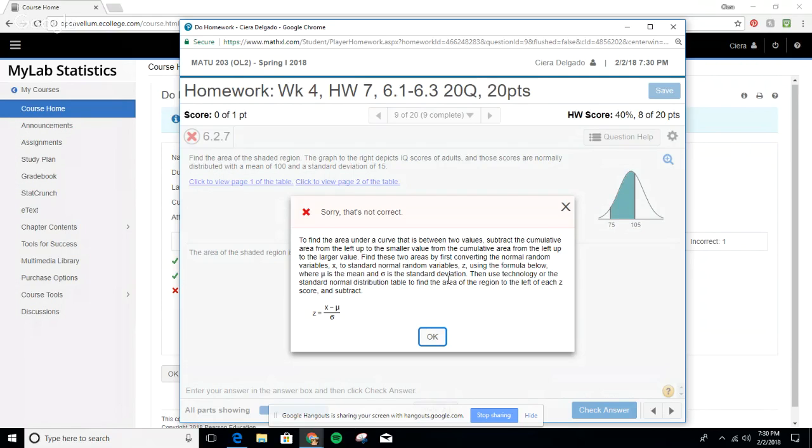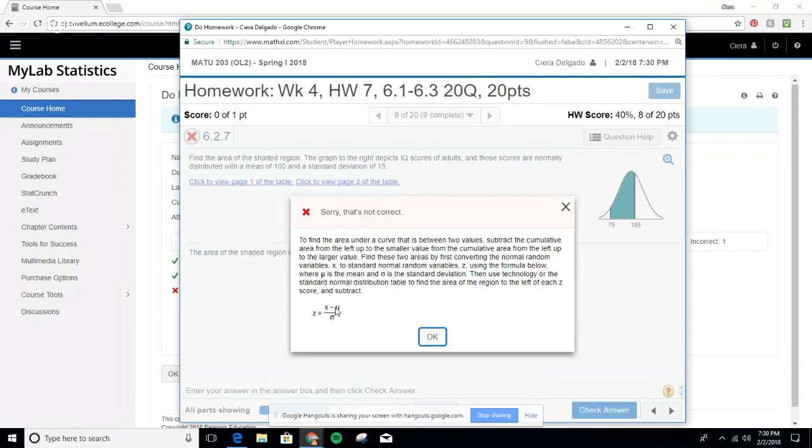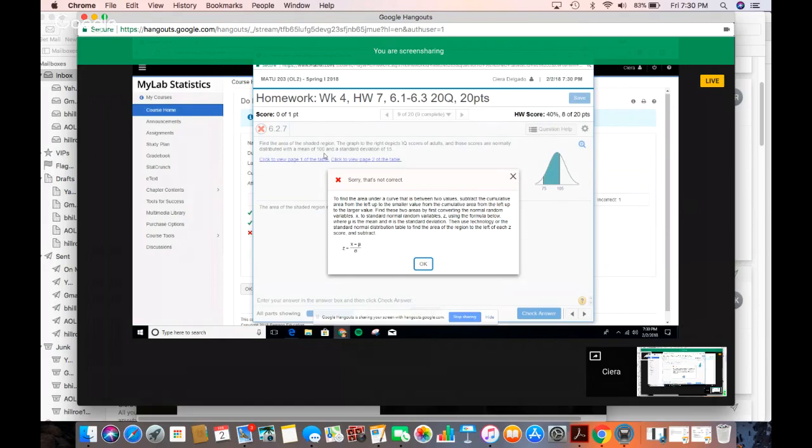Okay, use technology here. So it's x minus mean over standard deviation, 100 over 15. X minus 100 over 15 equals. So let's find the area.